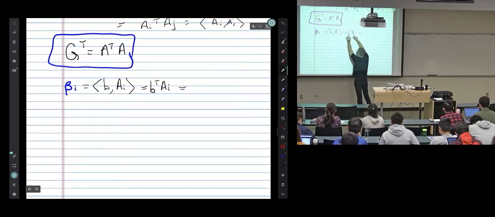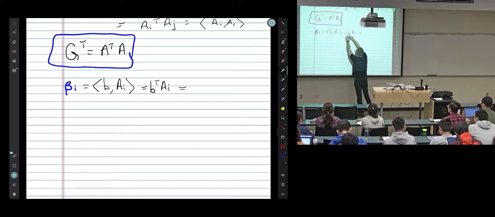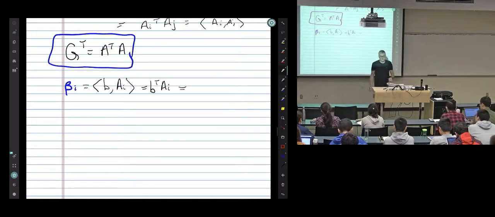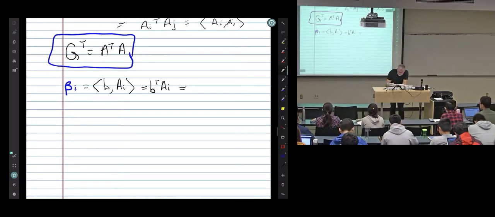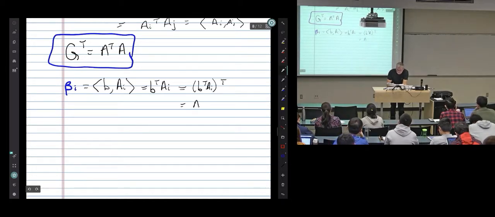This is a scalar, okay? So I can transpose it. So it's Ai transpose times b.